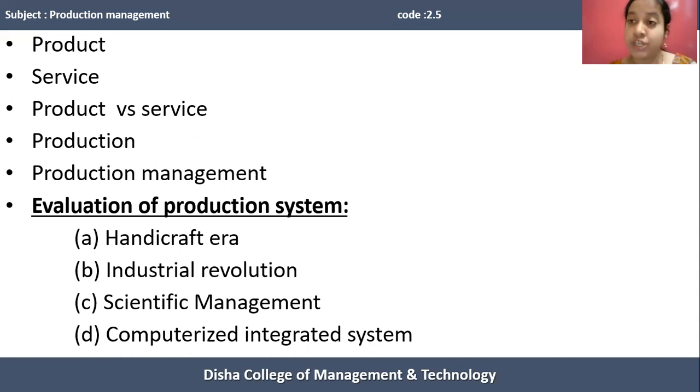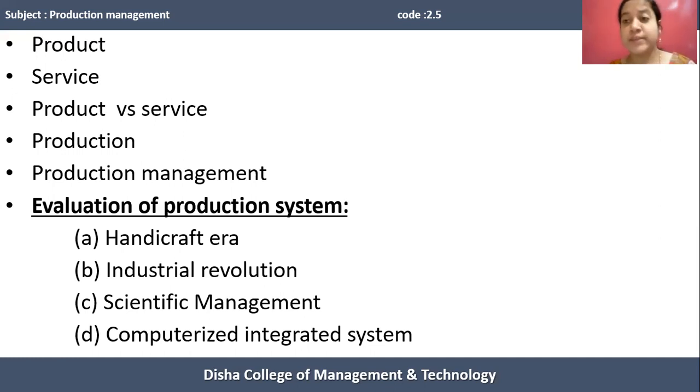In production management, the manager makes various decisions related to the quality of the product, the quantity to be manufactured, and again at what price the product has to be produced. Regarding this, decisions are taken under the area of production management.